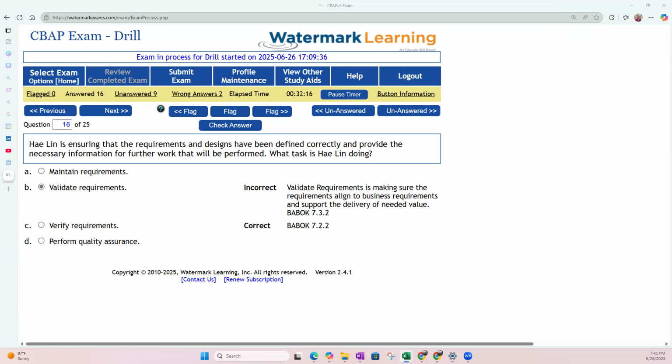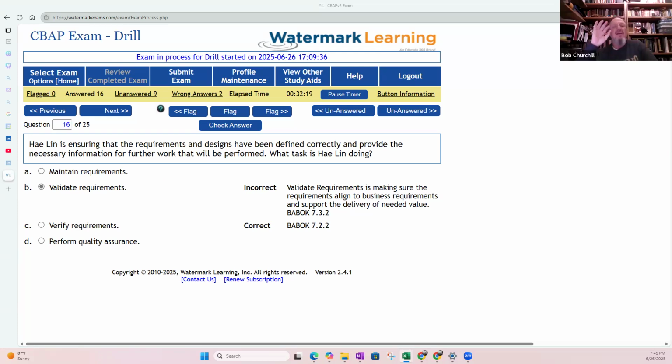Well, defined correctly is one thing. Provide necessary information for further work means that it must be doing the right thing. That's the way I read it. Maybe y'all don't see it that way, and that's fine.